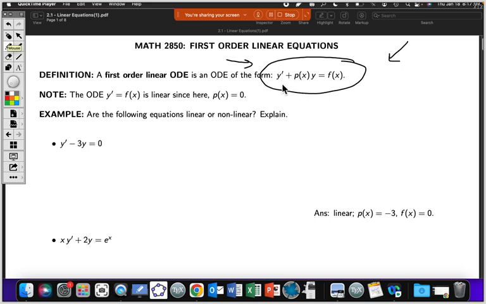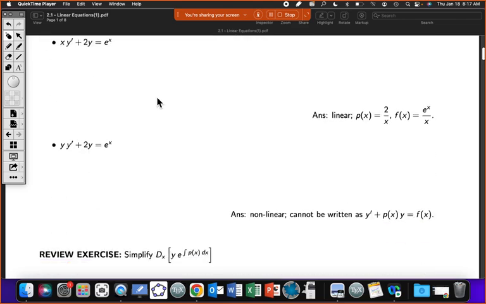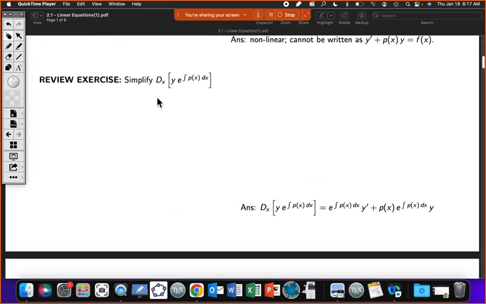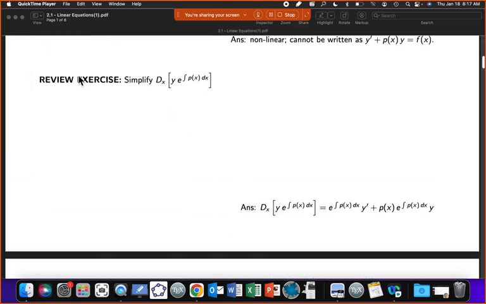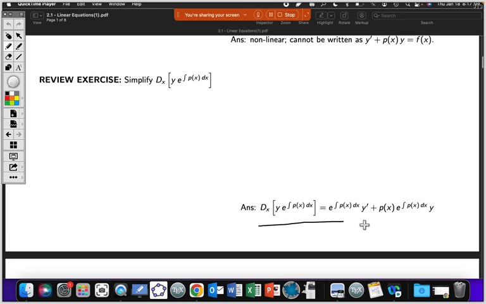So you get the y prime, the coefficient of 1. The coefficient of y depends on x, and then we have some f of x over here. And the key to solving these equations is this identity, which is the last thing that they talked about on the video from last time. So here's what we're going to do.